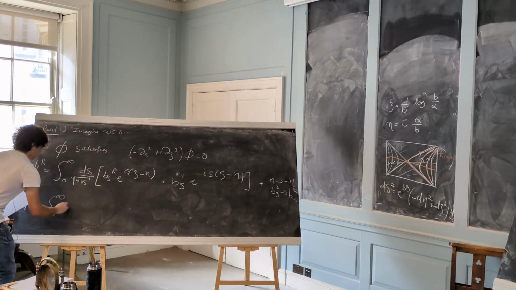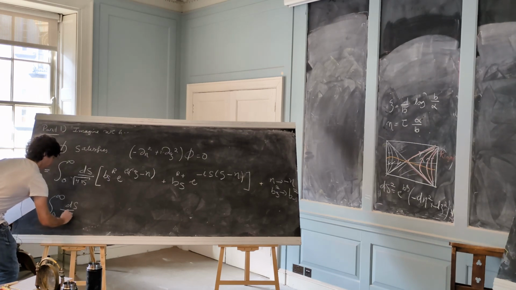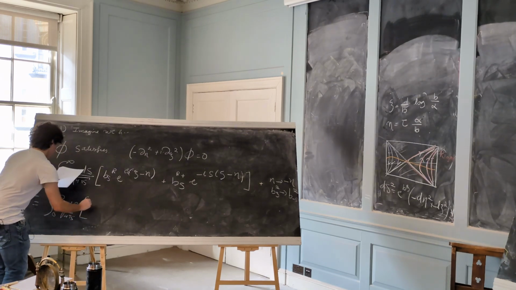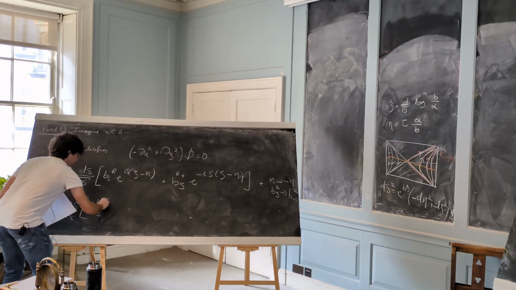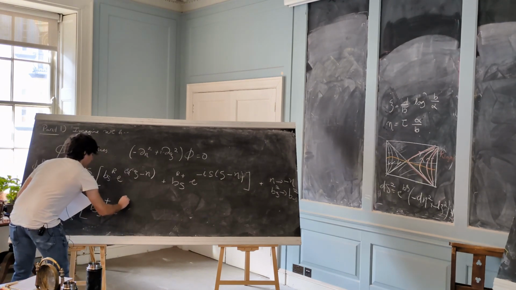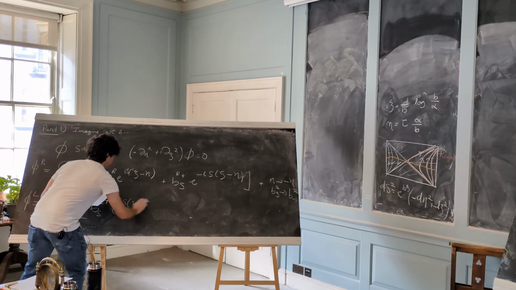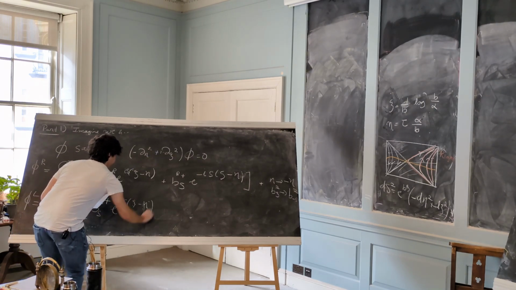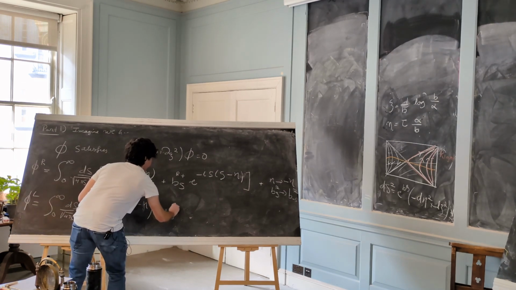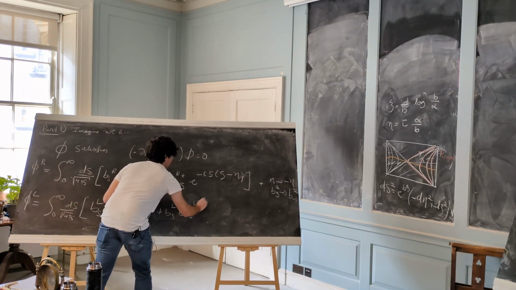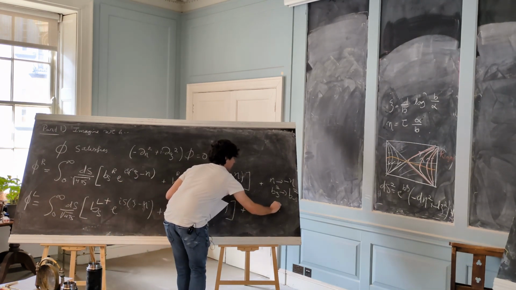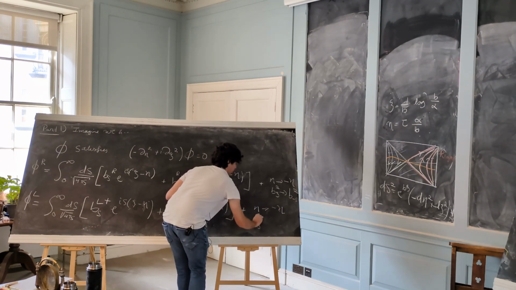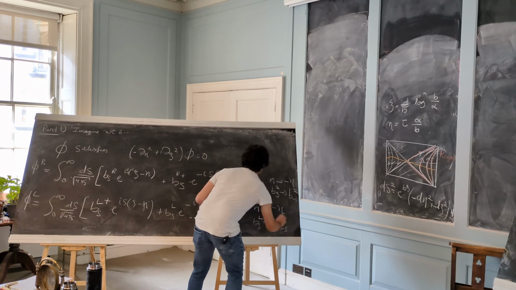It's the integral from 0 to infinity, ds over 4 pi s, and then I will have b_s^left dagger, e to the i s (xi minus eta), plus b_s^left, e to the minus i s (xi minus eta), where eta goes to minus eta, and b_s^left goes to b_{-s}^left.